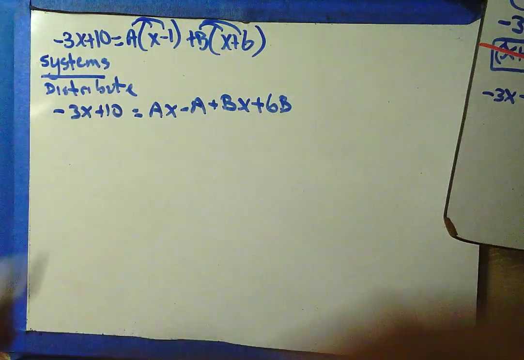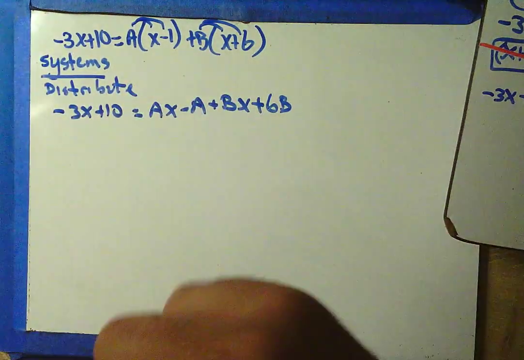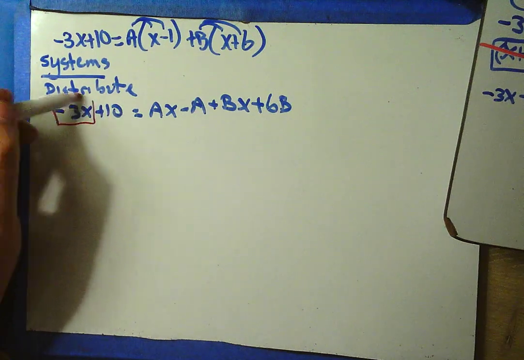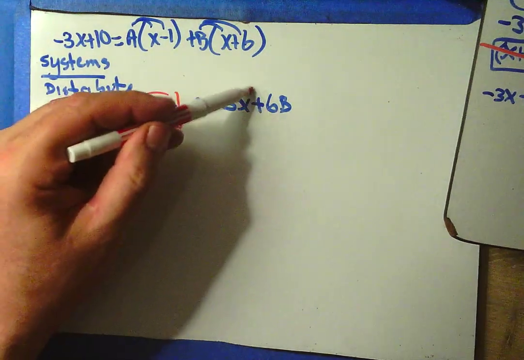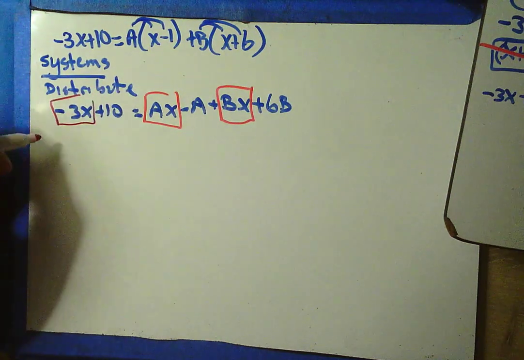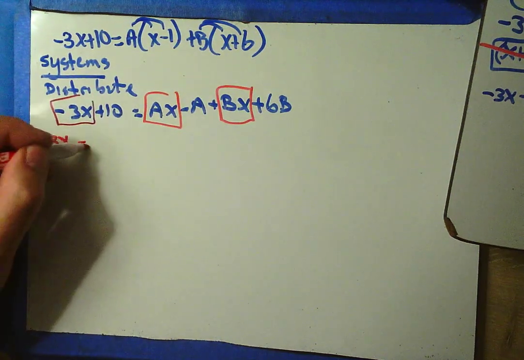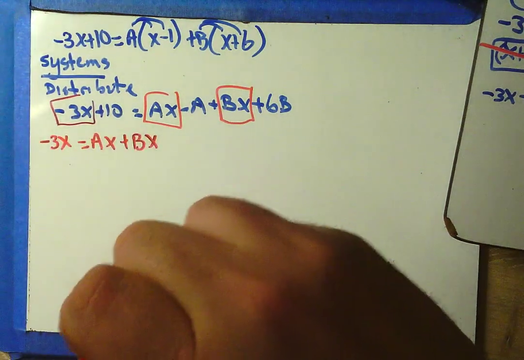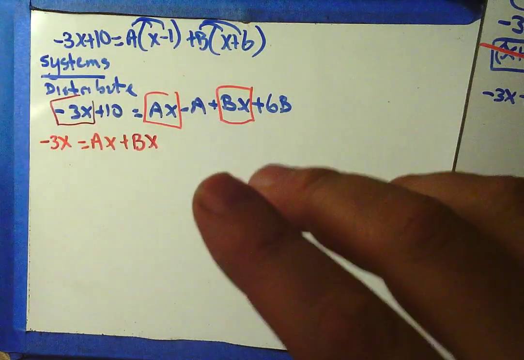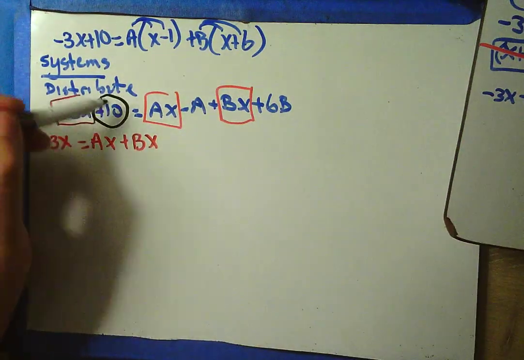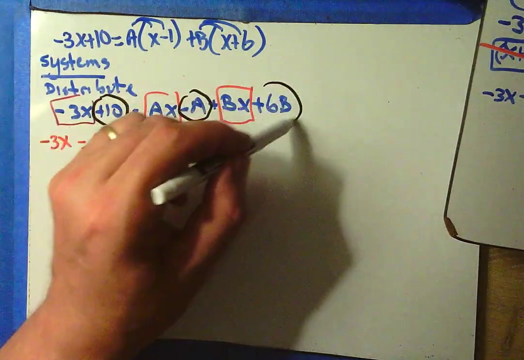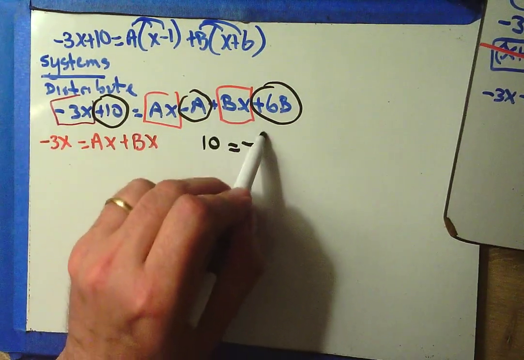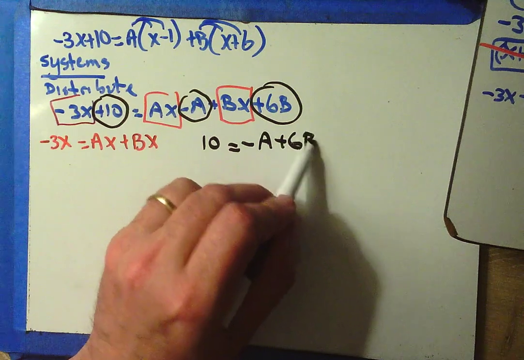I'm going to gather together all the stuff on both sides of the equation that has an x, and I'm going to make an equation out of it. Negative 3x equals ax plus bx. And then I'm going to take all the stuff that doesn't have an x and gather it together in one equation. And so I'm going to have 10 equals negative a plus 6b.